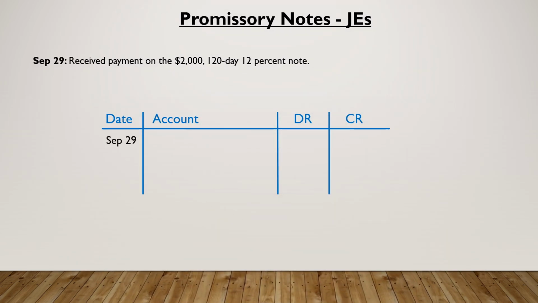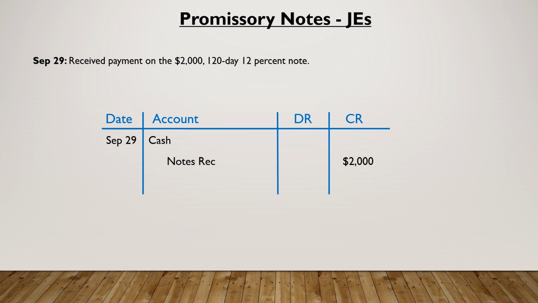On September 29th, we received payment on that note. Obviously, collecting a note receivable will entail a debit to cash, and a credit to notes receivable. We also know that we'll credit notes receivable off the books for the $2,000 that was initially debited onto the books.